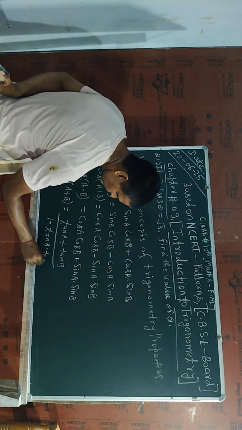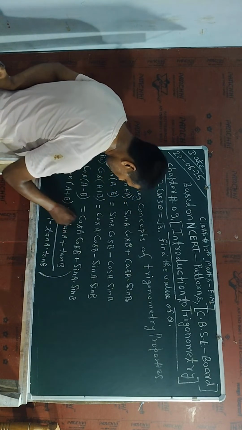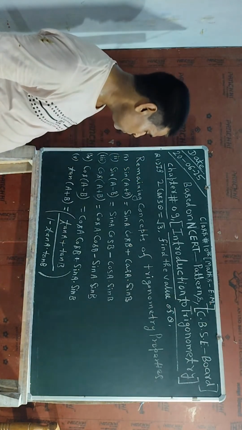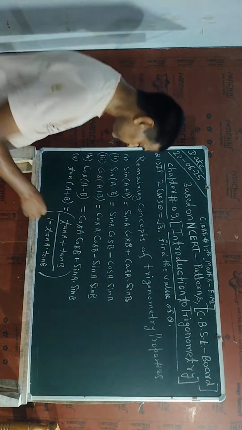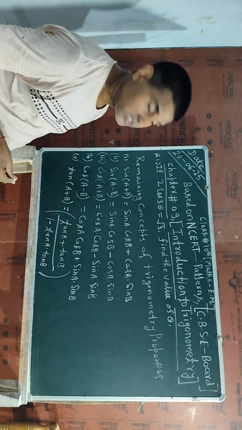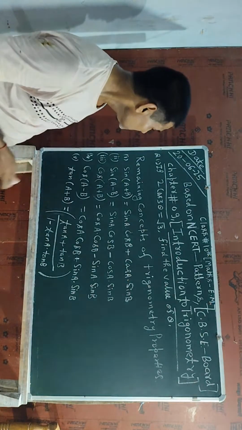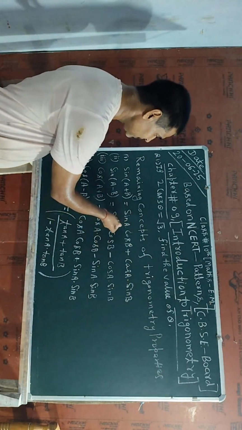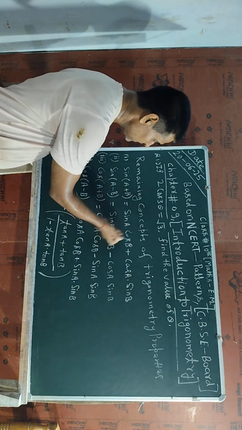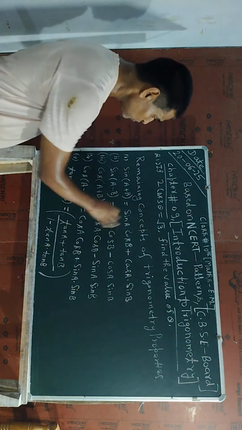So this formula will give you good knowledge because some questions can be asked on this formula, and it will give you minimum time for solving the question. It means that this formula is very important for competitive exams, because if the values of A and B are given, that is A is an angle and B is also an angle, you have to find its value.